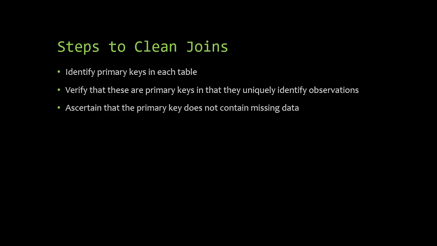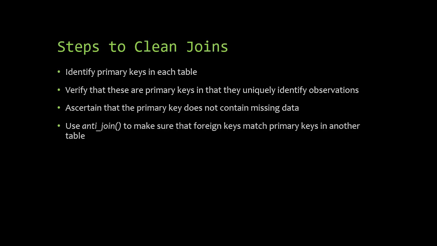We also have to ascertain that the primary key does not contain any missing data, and if so, that those missing observations will not be able to be used with that key. And we can use anti-join to make sure that foreign keys match primary keys in another table. And we just saw an example of that with the flight and the plane data.